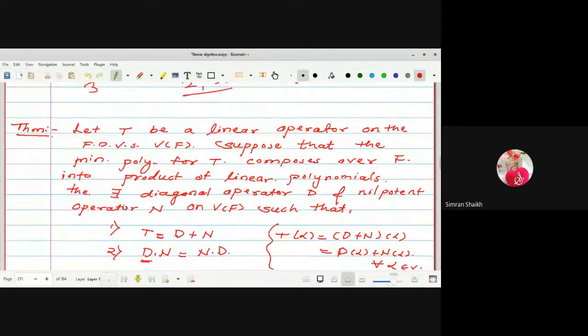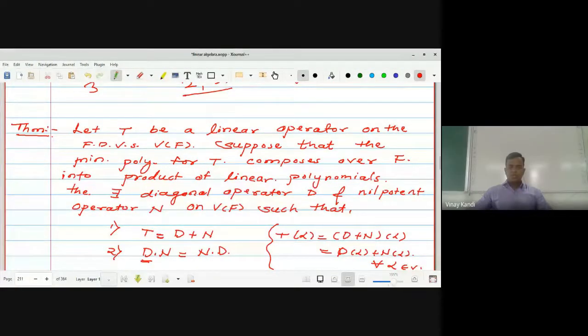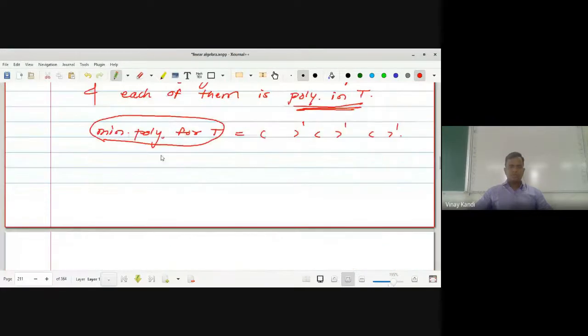Look at it. Let T be a linear operator on V, and the minimal polynomial for T is in the form of linear factors, each of degree 1. Okay, so look at it. Minimal polynomial for T is equal to this one. Factor has प्रत्येक factor ची degree किती असायला हवी? 1. That is linear factor.